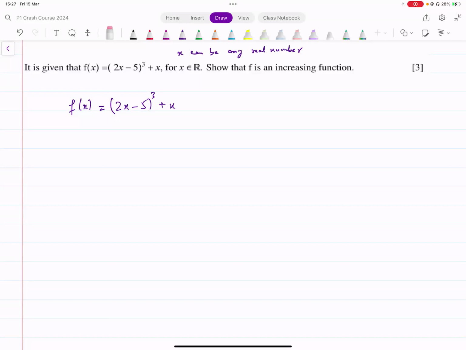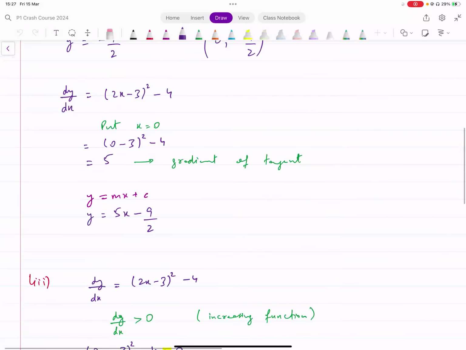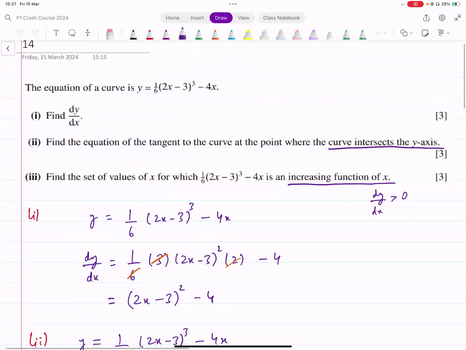Now, given this function, what we want to do is show that f is an increasing function. What's an increasing function? An increasing function is one that has its derivative positive. However, it's different from the last question that we did, because in the last one, they asked us to find the set of values of x for which the function was increasing. So they had given us that the function is increasing.